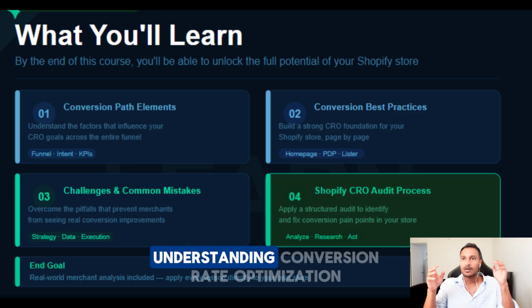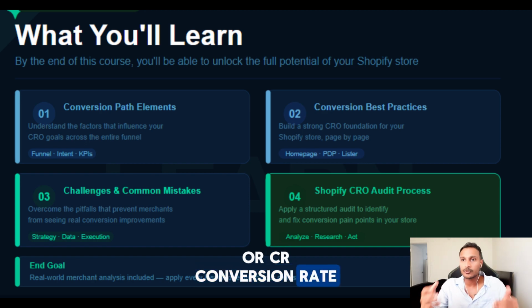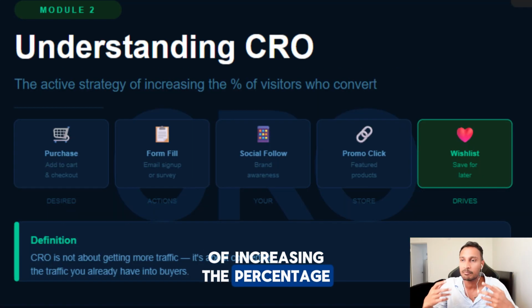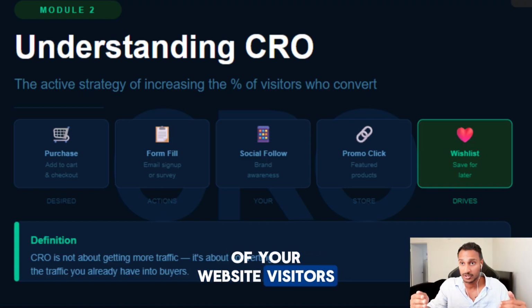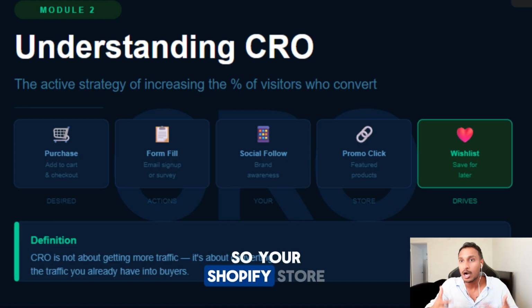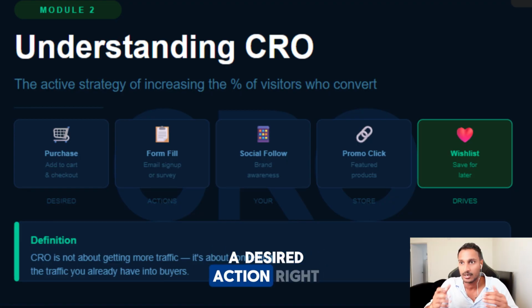So let's get started. Understanding conversion rate optimization or CRO. Conversion rate optimization is the active strategy of increasing the percentage of your website visitors who perform a desired action. So your Shopify store offers many opportunities for visitors to complete a desired action, right?